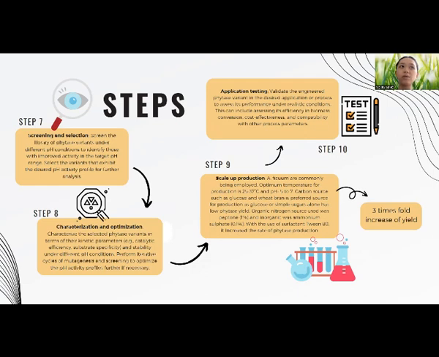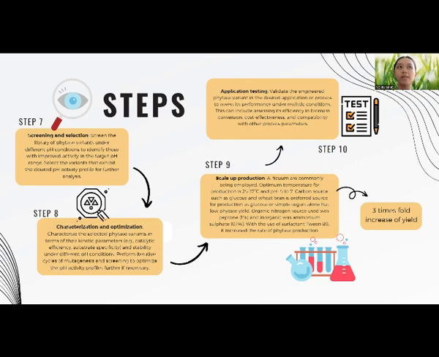The reason why we want to screen is to ensure that the phytase is successfully engineered. We screen the library of phytase variants under different pH conditions to identify those with improved activity in the target pH range. We will select the variant that exhibits the desired pH activity profile for further analysis.